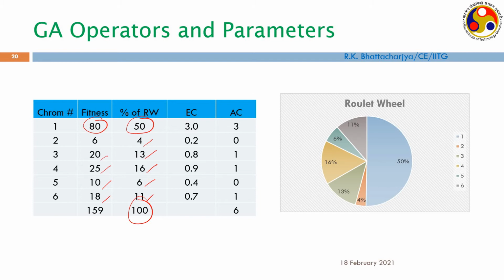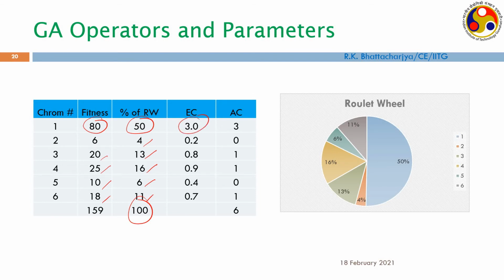Because it is occupying more space on the roulette wheel, the probability of selection of this particular solution is very high. Therefore that particular solution will dominate the population. In this case the expected count is 3.